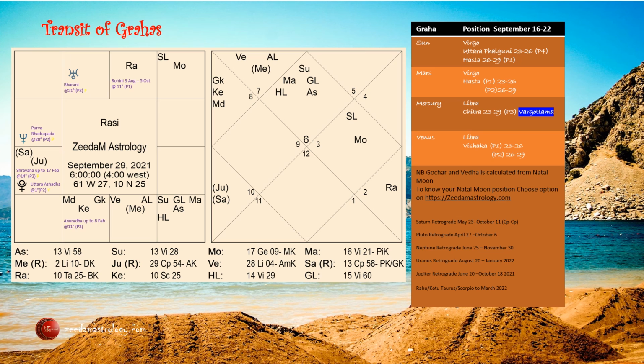Because you have misunderstandings, you don't have clarity, so be very careful of communications at the end of the week, because you don't want it to put you in a position where you have to re-say or redo, as Saturn and Jupiter are also retrograde, and Jupiter is debilitated in Capricorn.